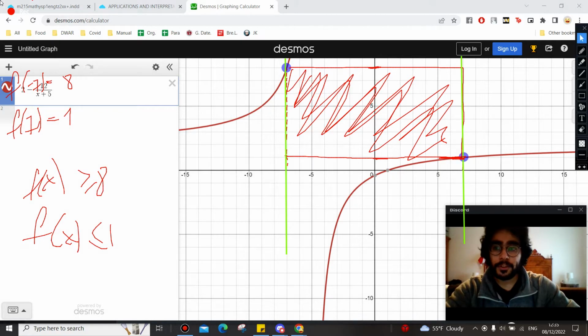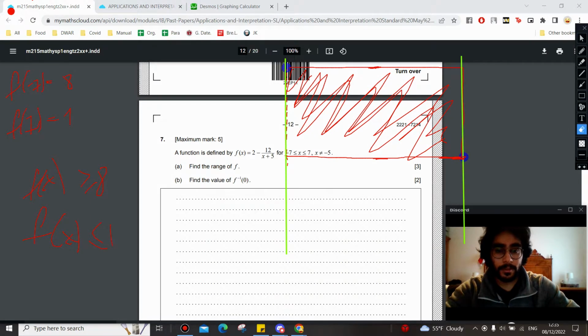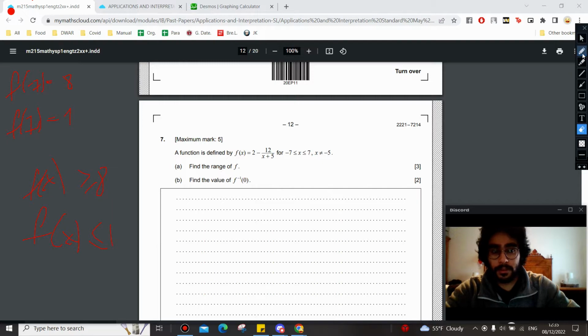I go back to the question. Okay, let me delete this part. Well, the range of f you can write in many ways. You can write 8 with a closed bracket and plus infinity with an open bracket.